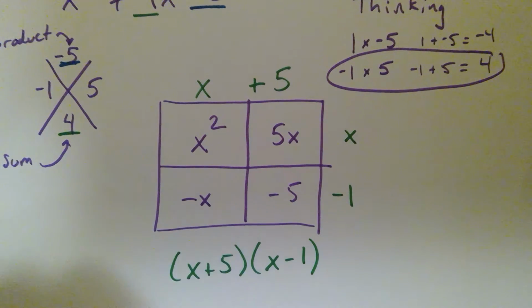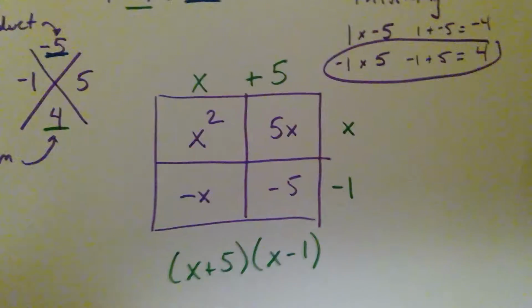All right. Now we're going to do a slightly more challenging one where that leading number, that leading coefficient, is not 1. But the nice thing is that with our GCF method, it's not going to be that much different.